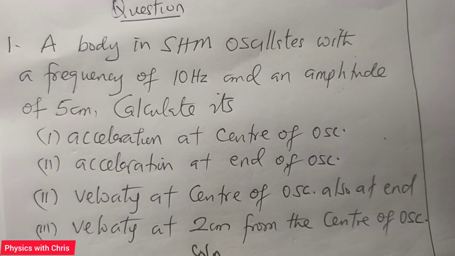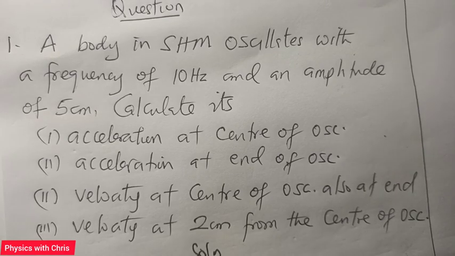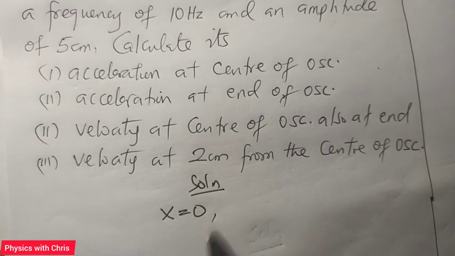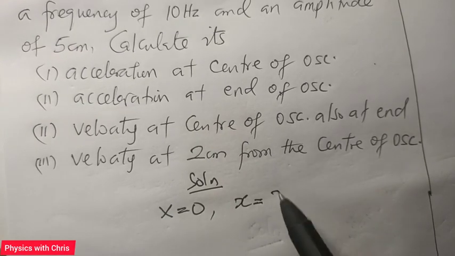Before we start, one thing you need to notice here is that at the center of oscillation, the displacement of the body is zero. This is a very important point that will aid us in our calculation. At the end of oscillation, the displacement of the body is equal to its amplitude.